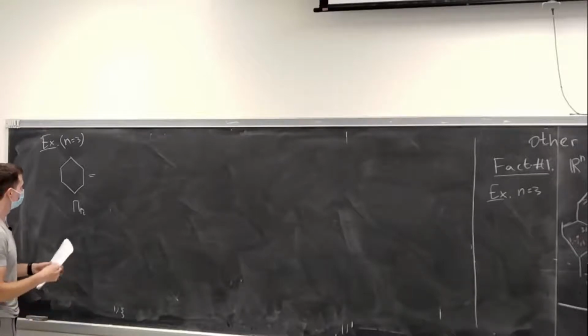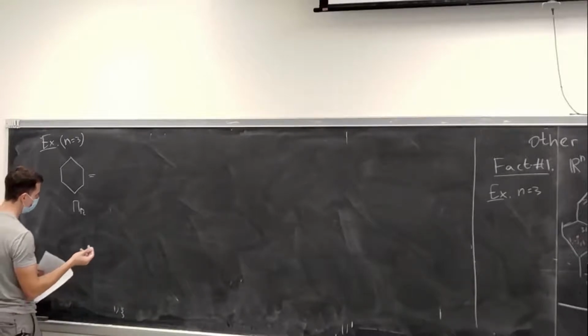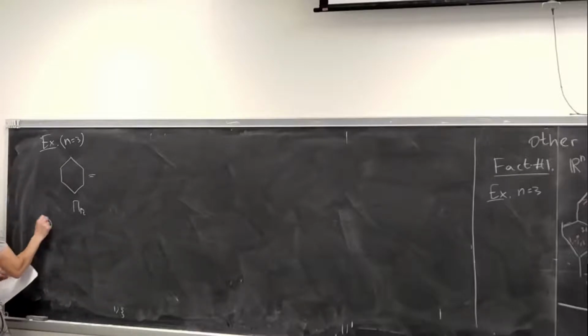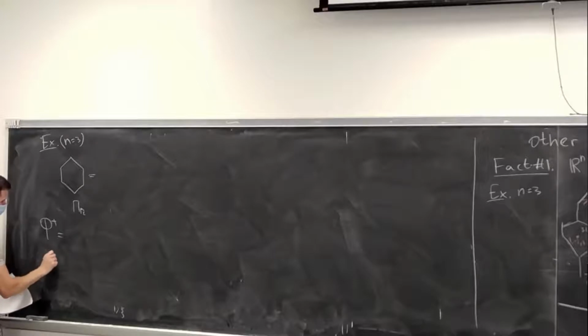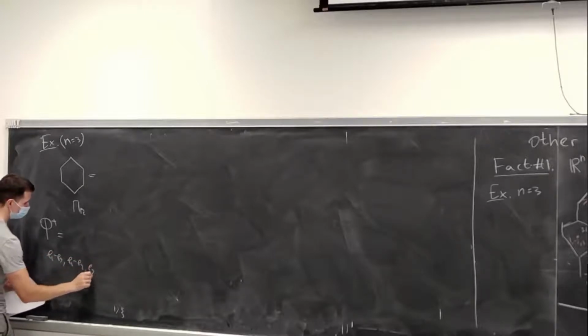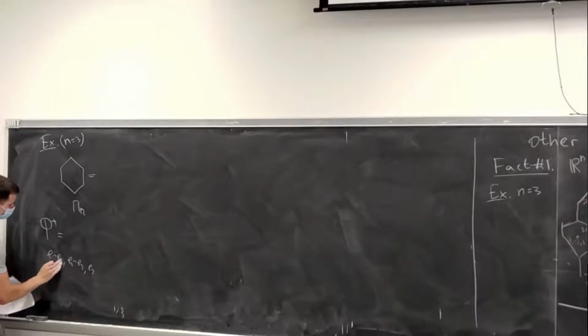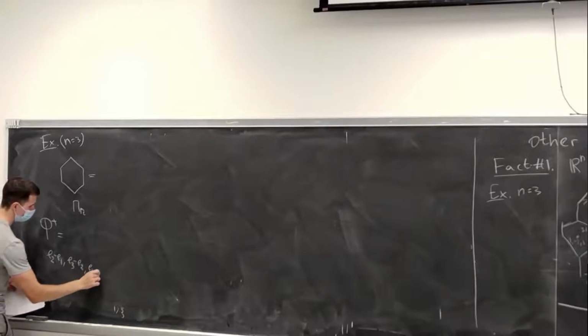Okay, and I can actually draw the root system for phi plus. So we have E1 minus E2, E1 minus E3, and E2, I guess, is the other way around: E2 minus E1, E3 minus E2, and E3 minus E1.